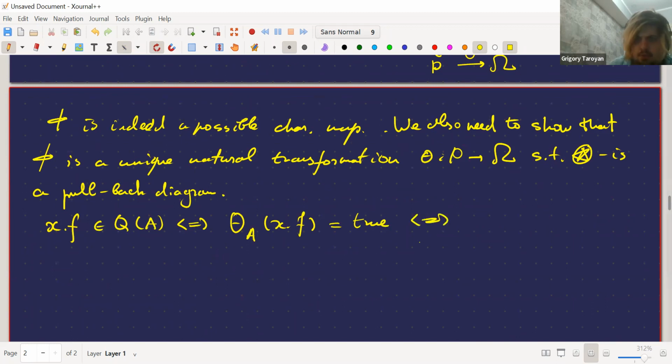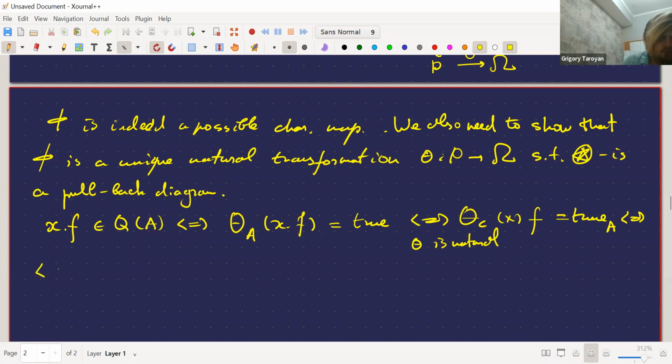And by naturality of theta, we can just pull F outside of the brackets. And so this in turn is equivalent to F belonging to theta C of X.